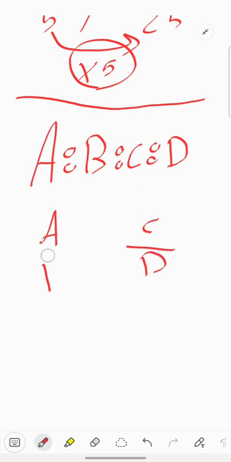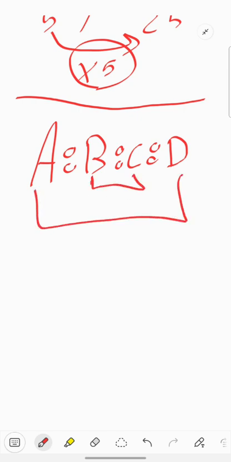Or you can use means and extremes. The means are the ones in the center, and the outside ones are called extremes.